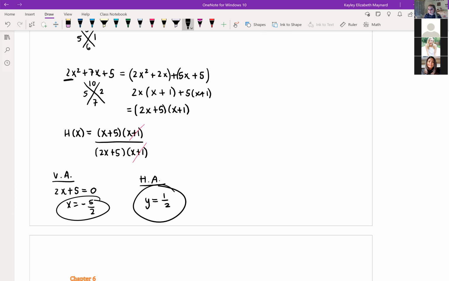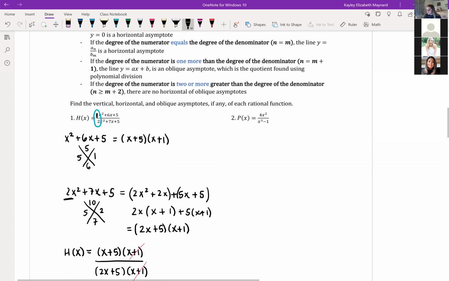Are there any questions on this process before I let you attempt the next one on your own? Okay, cool. So this next one is p of x is equal to 4x squared over x cubed minus 1.